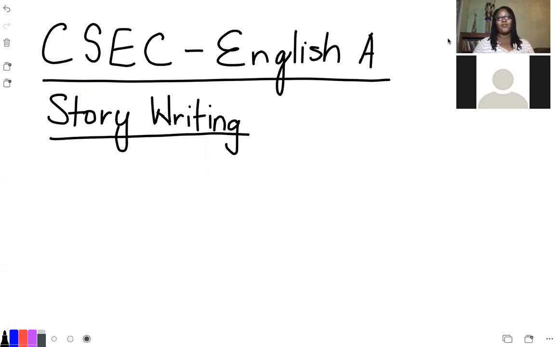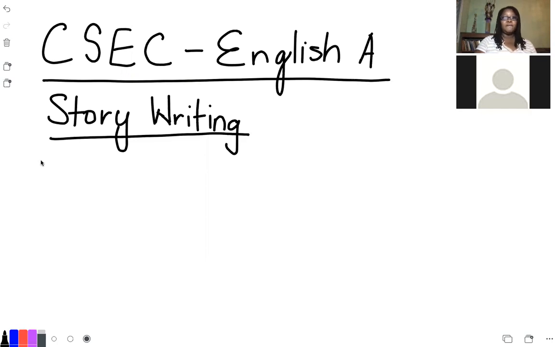Now, before you actually start writing your story, there are some things in the story called elements of the story that you need to be aware of. You may have heard some of these terms floating around. Right now, we're going to be going into some more detail regarding these terms.